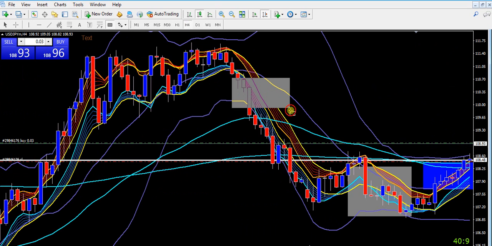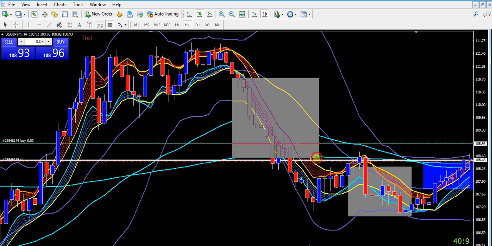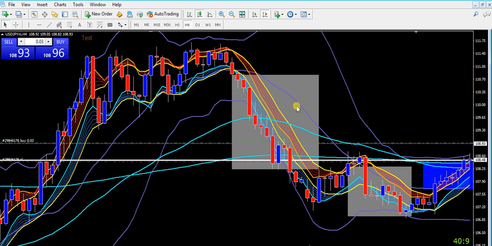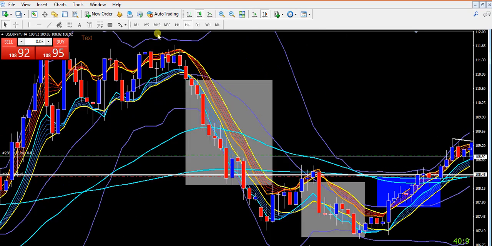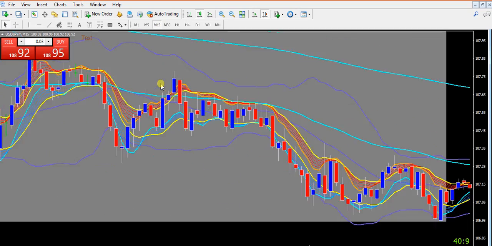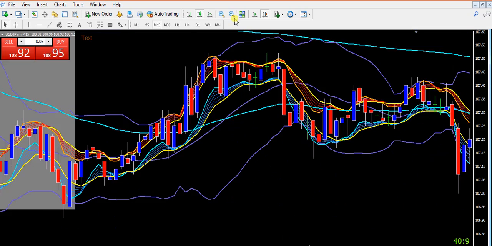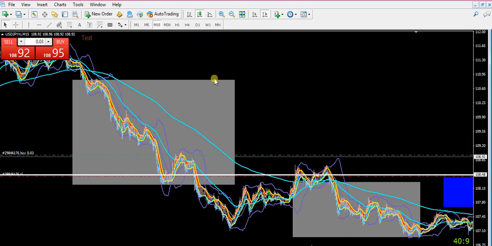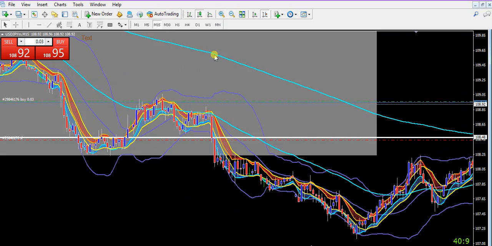This is my flat area for me, because price is below the Bollinger Band, but still above the moving average. That's why I call this not good enough to trade. But of course, if you are using a lower time frame, yes, you can trade.